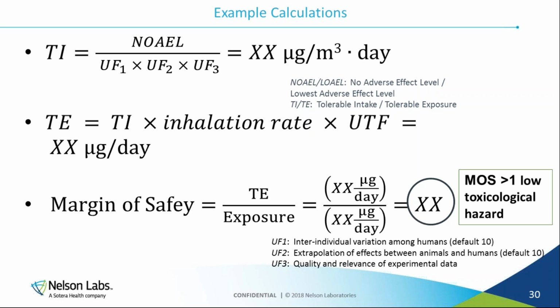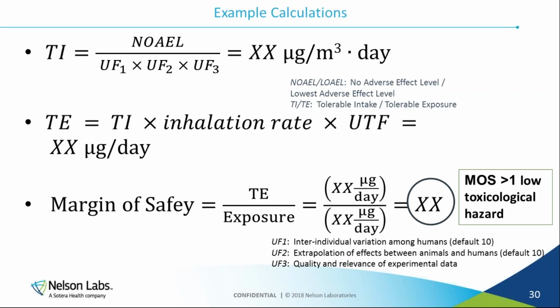And then for the UF2, this is the differences between animals and humans. The default is 10 here, but the toxicologist will adjust this value based on the subject animal that was used to establish this NOEL value. So some of those factors stay at 10, but sometimes they can be reduced if it's a large animal when we're comparing from animals to humans.